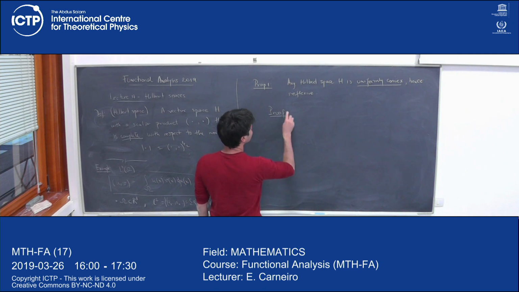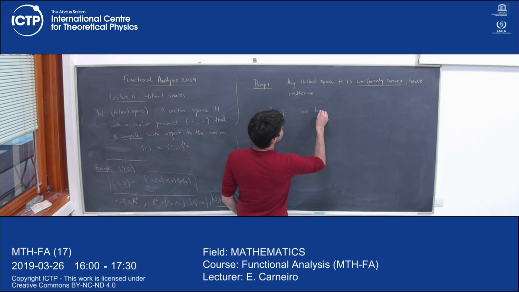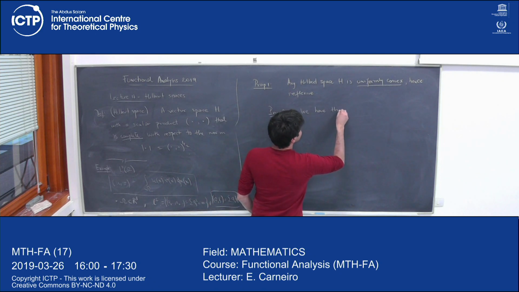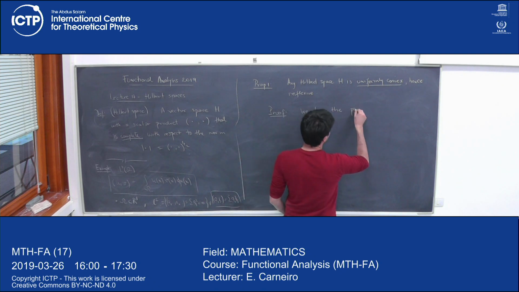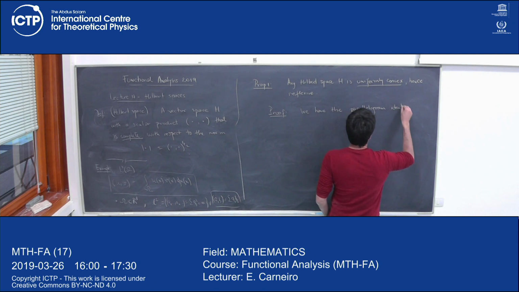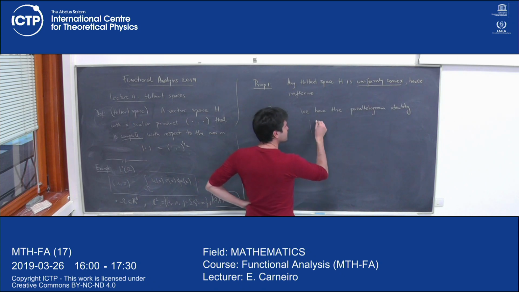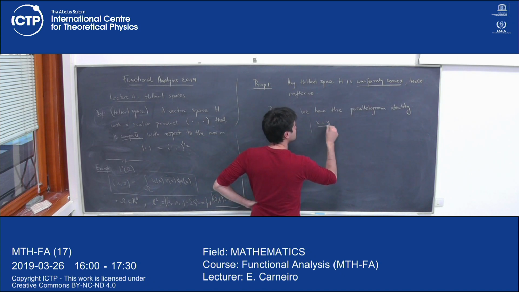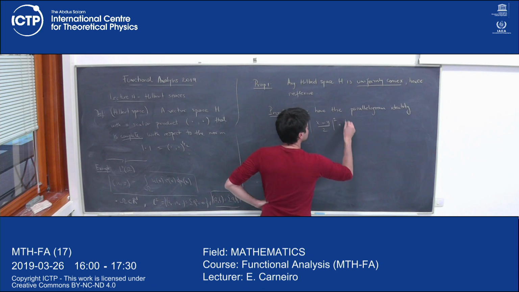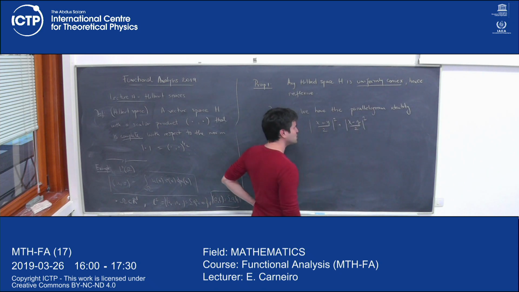Proof. Very neatly, we have the so-called parallelogram identity, which essentially means that if I have |(x plus y)/2| squared plus |(x minus y)/2| squared, what will this be?